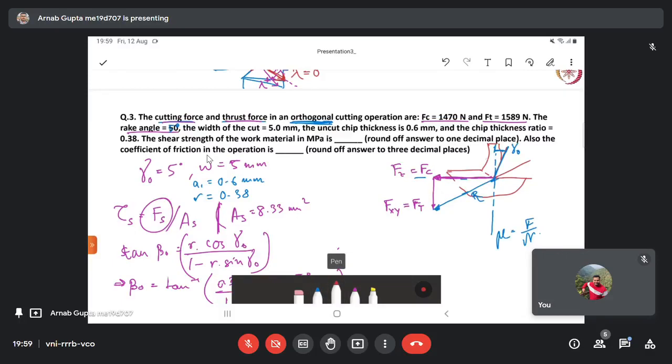Similarly, you have the shear force here, Fs, and perpendicular to the shear force, you have the normal force Fn. See, this normal force is not the normal force that is acting on the rake face. It is the normal force that is acting on the workpiece on the shear plane.